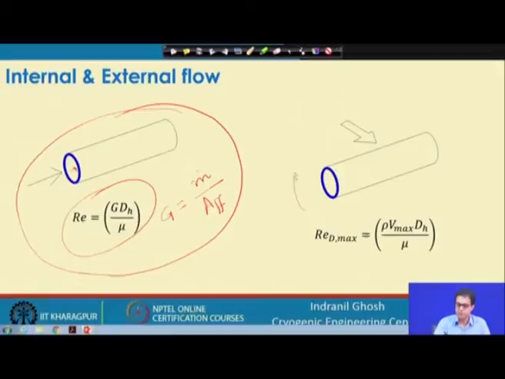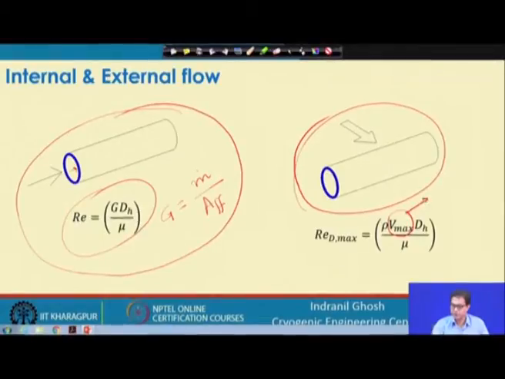Whereas, if you remember, while talking about the external flow or flow over bank of tubes, we were looking for the maximum velocity, where it is occurring at the minimum frontal area or free flow area, and now we can understand that this has been done because we wanted to calculate the Reynolds number based on that maximum velocity.